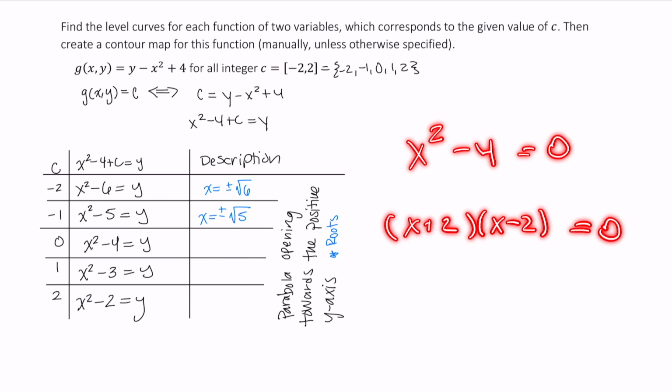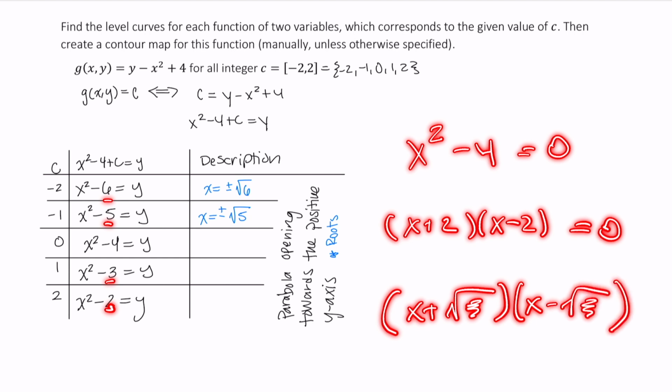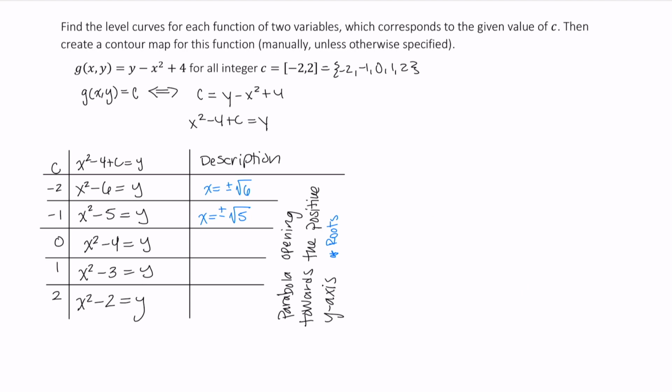Since 6, 5, 3, and 2 are not perfect squares, all of these are going to have a radical and factor as x plus the root of something times x minus the root of something. So in case you didn't see it, that is how I'm doing this. If you still don't see it, please pause your video and work out all the roots independently. Otherwise, continue watching this video.